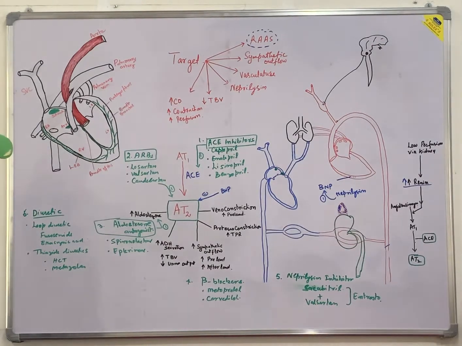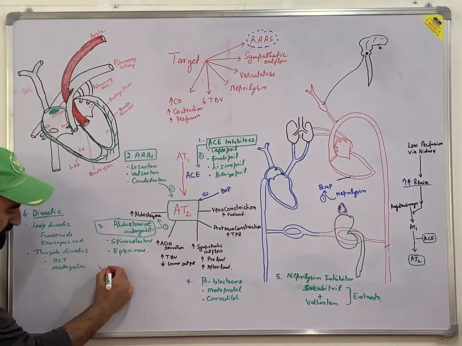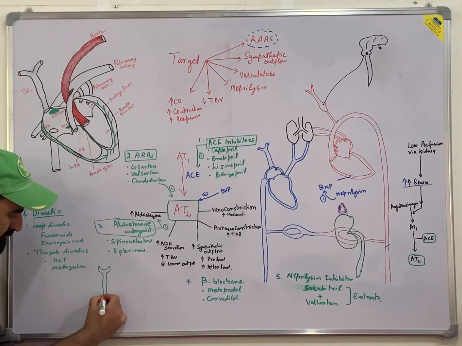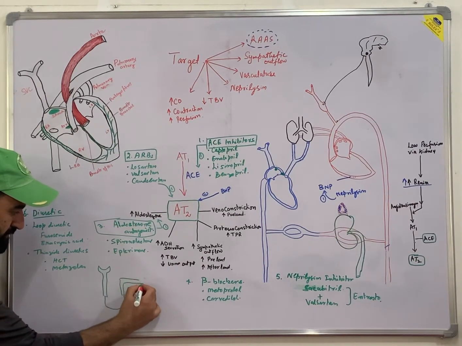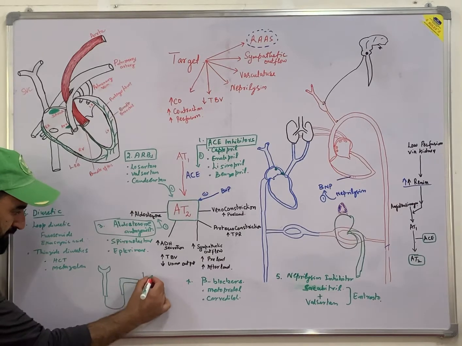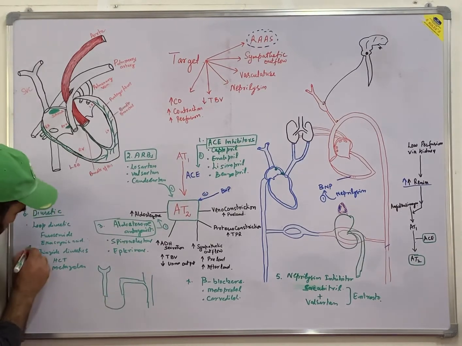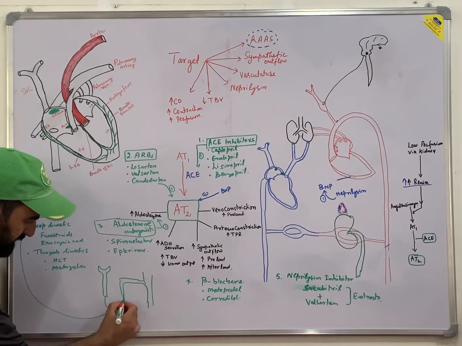Now, what is the action of these loop diuretics? Simple. Say, for example, this is your nephron. This is the loop, this is the distal convoluted tubule, and this is your collecting duct. The loop diuretic acts on the loop. You know what is happening in that loop?